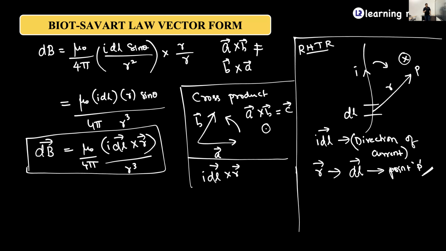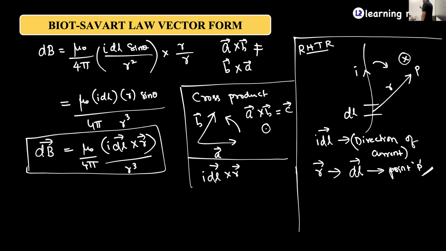So listen. If they frame an MCQ based on this, there are four options that they can give you: Idl cross r by r square, Idl cross r by r cube, r cross Idl by r cube, r cross Idl by r square. So which one is right?